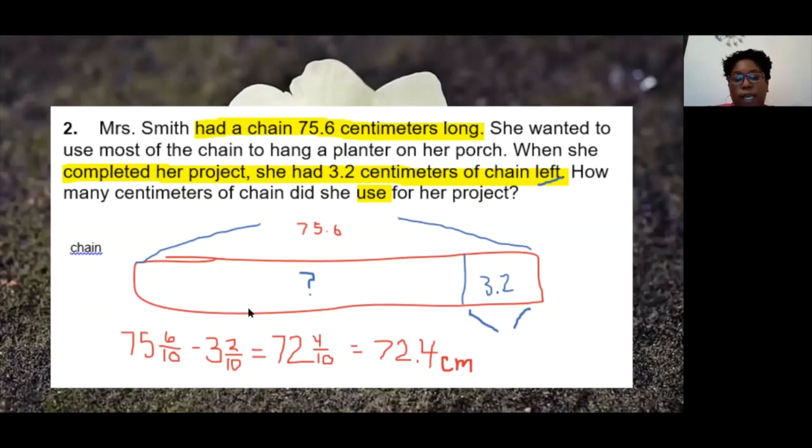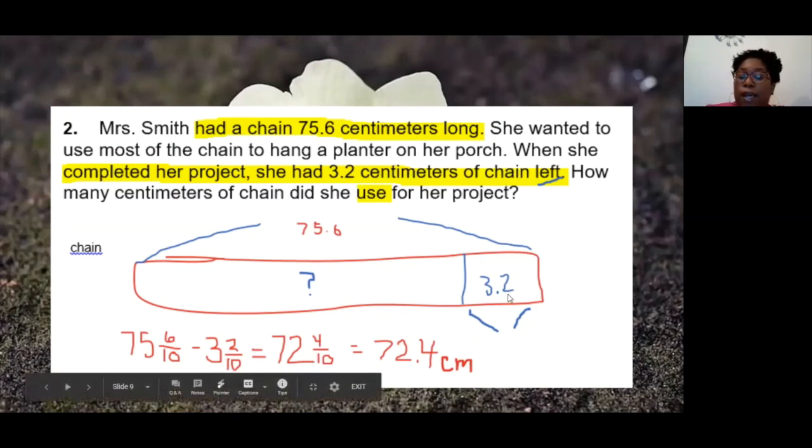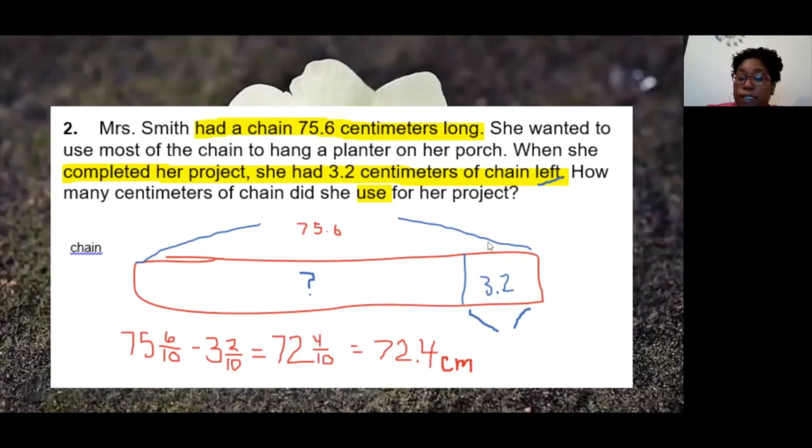So what you see here is the 75 6/10 centimeters. This is what we're starting with. This is how much Mrs. Smith had, okay? She wanted to use most of it to hang a planter on her porch. We know that, okay? When she completed it, when it was all done, she had 3 2/10 centimeters of chain left. So here you see the 3 2/10 centimeters left.